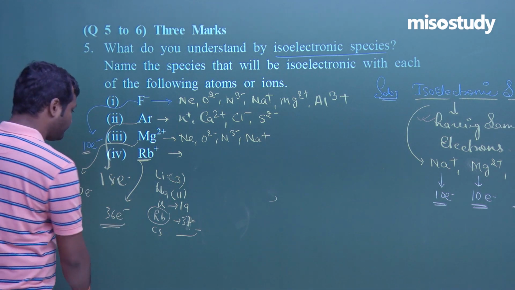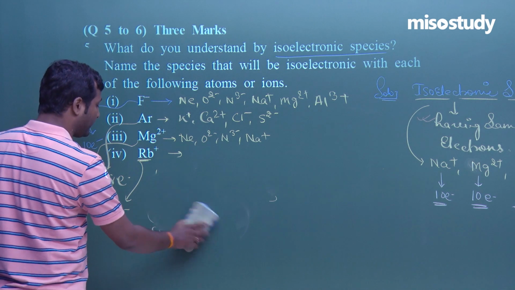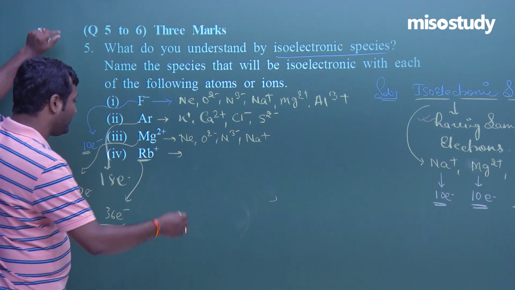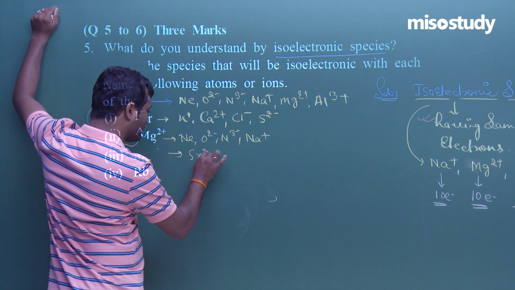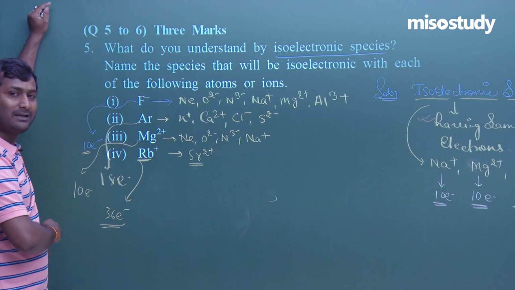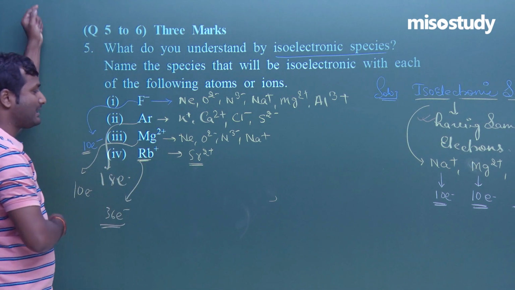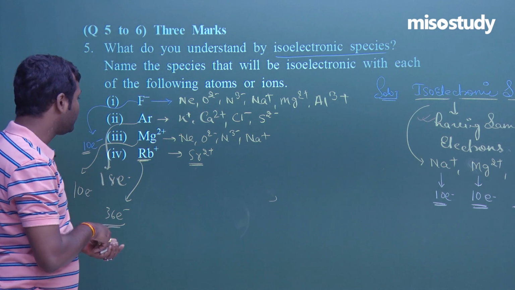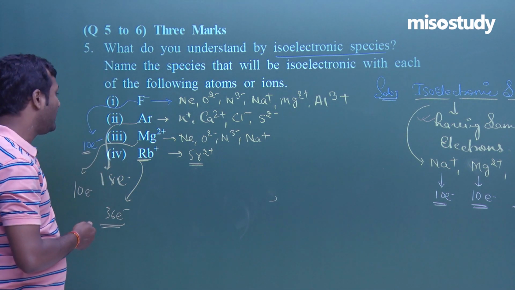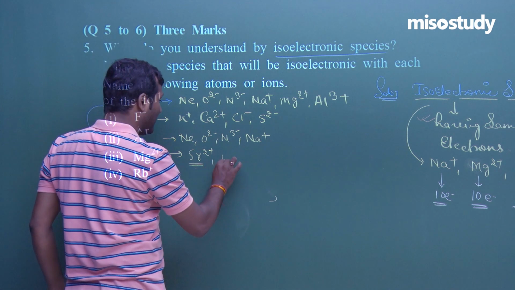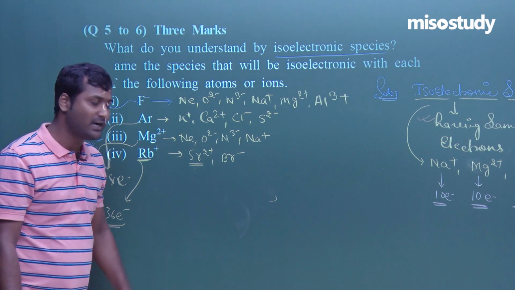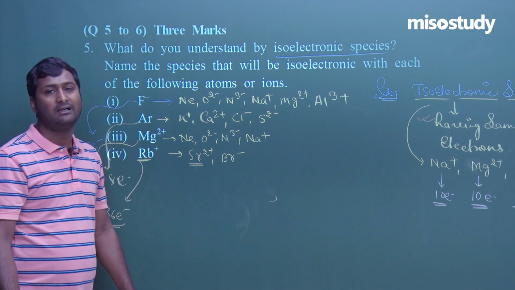Clear to you? Now which contains 36 electrons? Simply strontium 2+. As we know, strontium has atomic number 38, 2+, that is, it contains 36 electrons, my friend. Now if I write here Br-, as we know bromine has atomic number 35, 35 plus 1, 36.